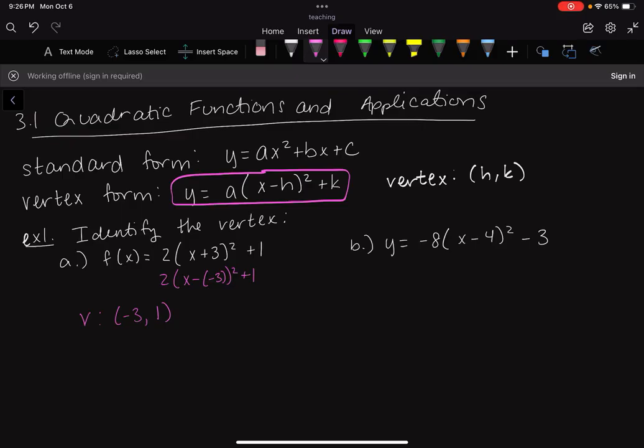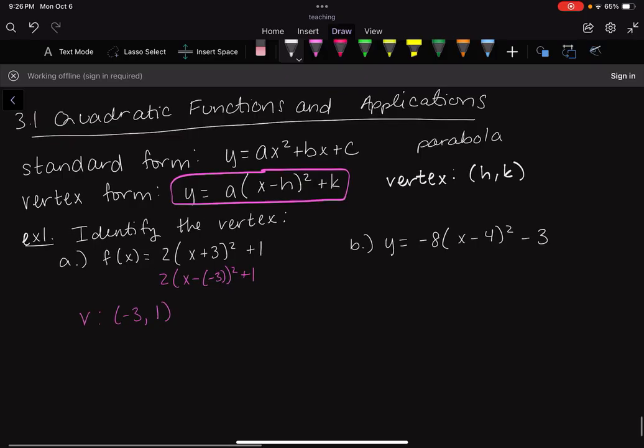And so when we talk about the vertex, it's like that first point that we would want to plot. It's the point right down the middle of our parabola. So let me write that in here. Parabola. We should already know that quadratics are parabolas, but just in case.